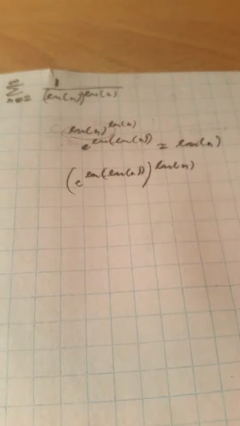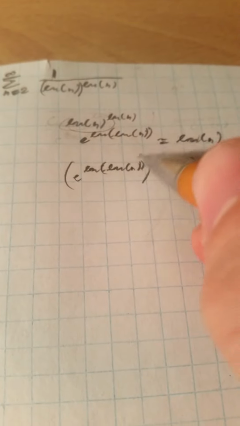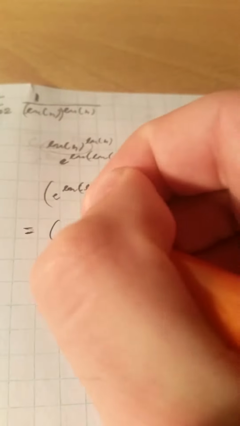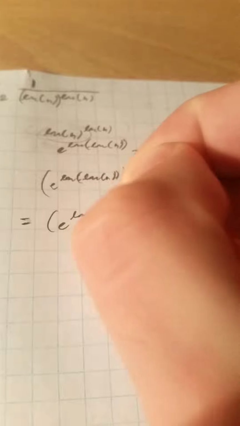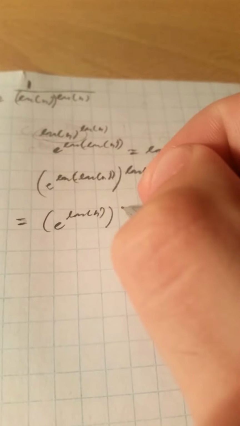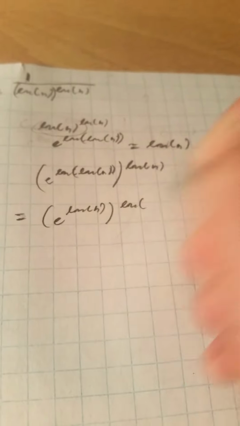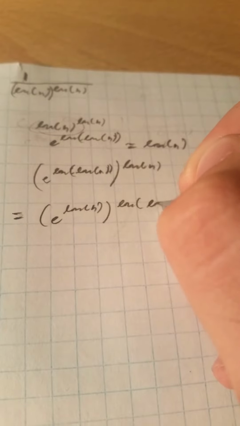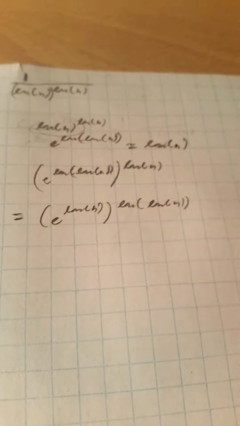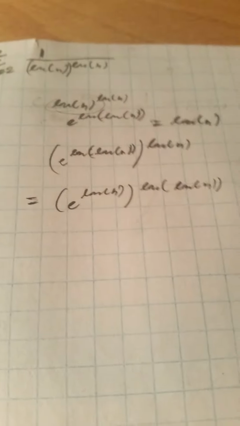And we can actually interchange these. So let's do that. We got e to the ln of n times ln, to the power of ln of n, sorry.